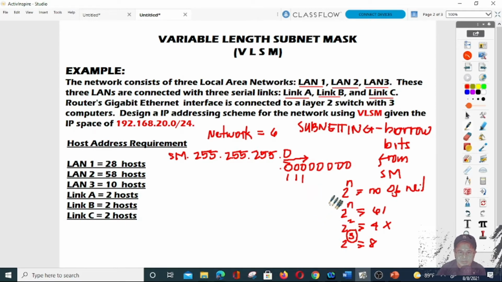After borrowing bits, we'll just rewrite the remaining zeros. So after borrowing bits, this will be the new subnet mask. Now this is what we call subnet. And after determining how many bits, we should know the last bit that we borrow.